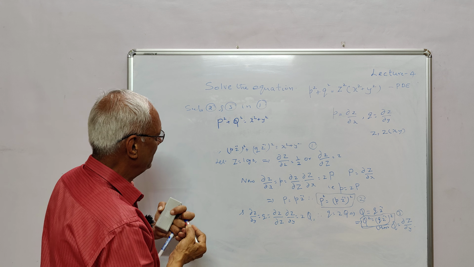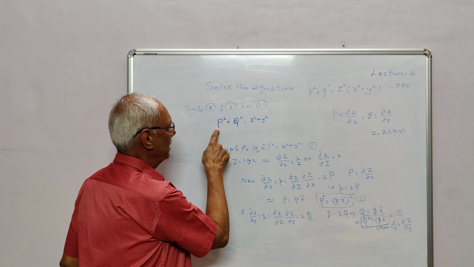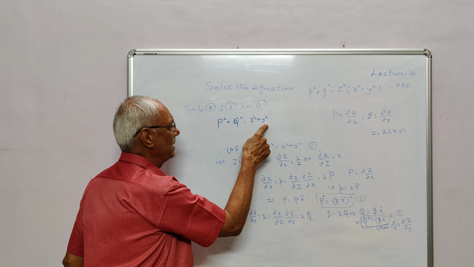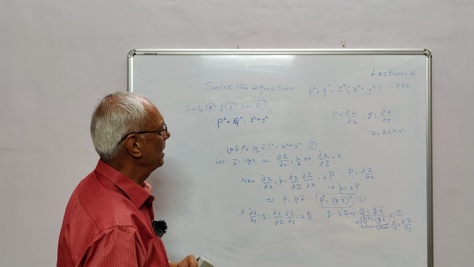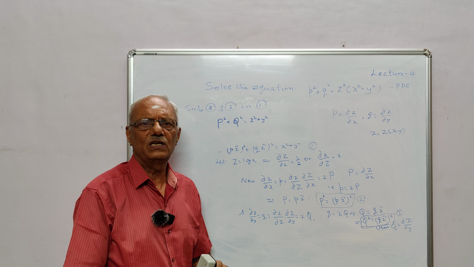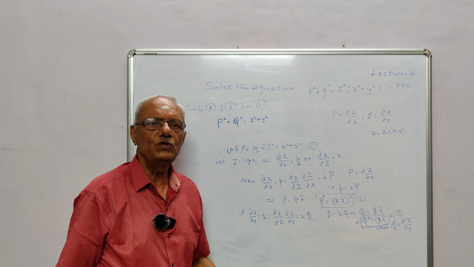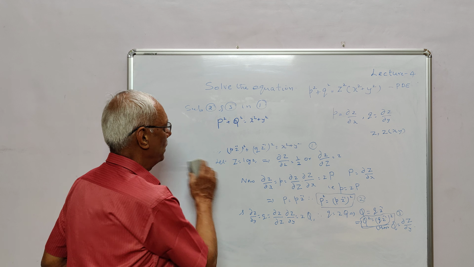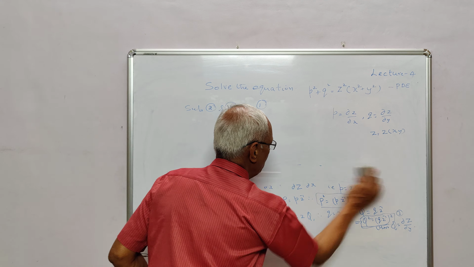In the place of this you put P square, in the place of this you put Q square, that is equal to X square plus Y square. So I am able to bring it to a form of another differential equation whose solution I know how to write.